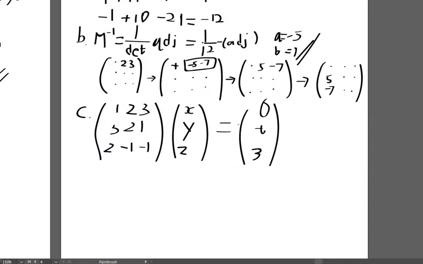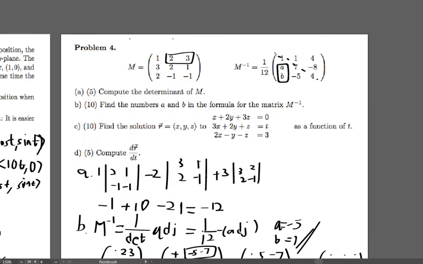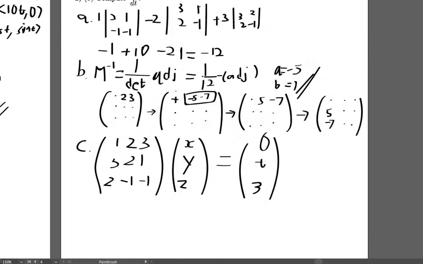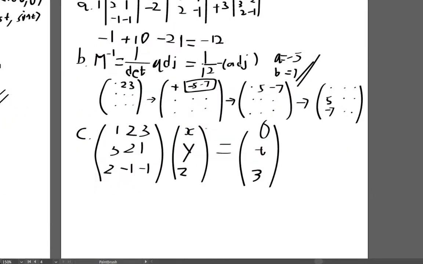So you want to find the x, y, z for this problem here. This thing here is basically the same thing as this one, so we can use this other one to calculate it. The principle is A times x would equal b.